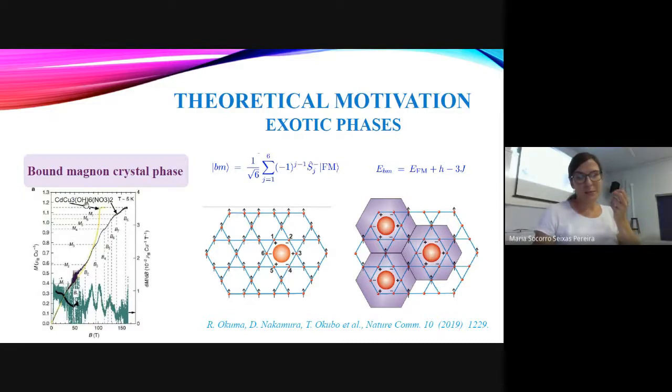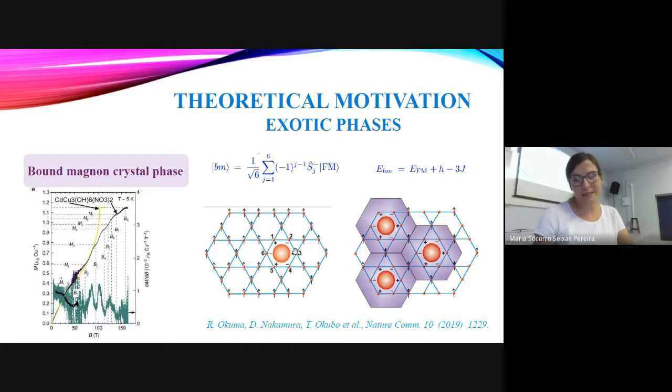The localized magnon is shown by this red ball, and these signs tell us about the probability amplitude.